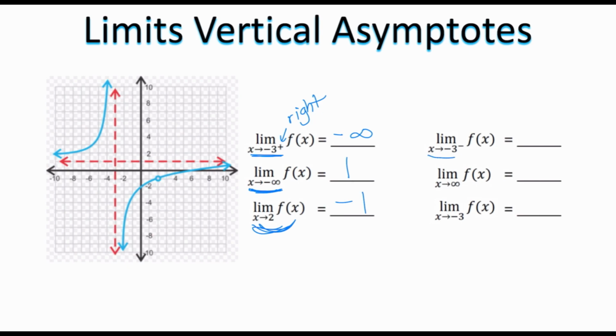Let's find the limit as x approaches -3, this time from the left-hand side, because that negative to the right of that number means that I'm coming from the left-hand side. So from the left-hand side, again, -3 was right here. Okay, there's an actual asymptote at -3. But the limit as x approaches -3 from the left, I'm going to catch on to this graph right here.